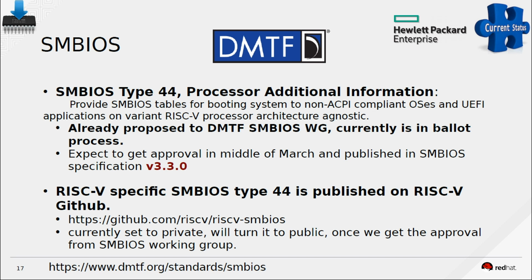The RISC-V specific SMBIOS type 44 is published on the RISC-V GitHub, but you cannot see it right now because it's private. Once the working group approves this proposal, we will make it public.